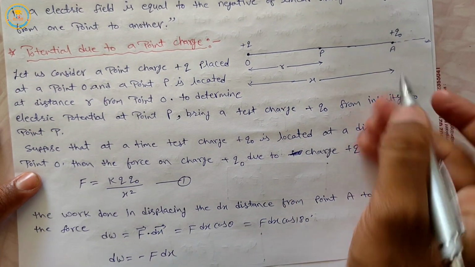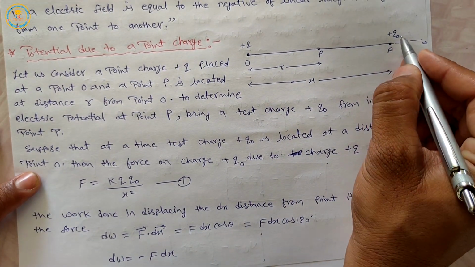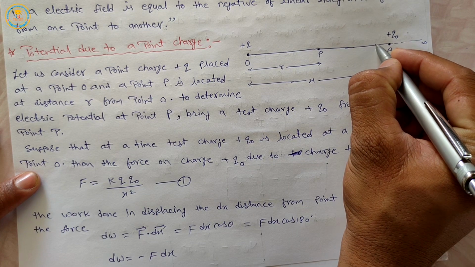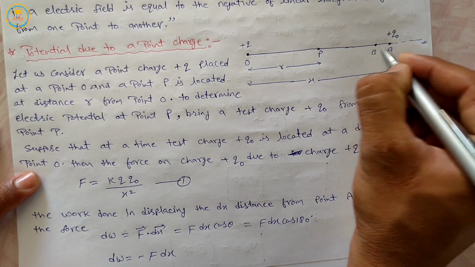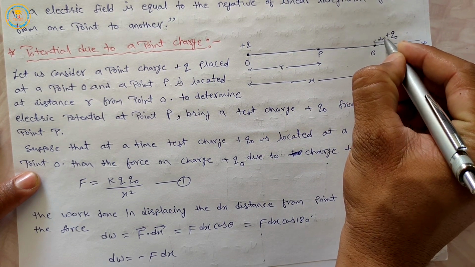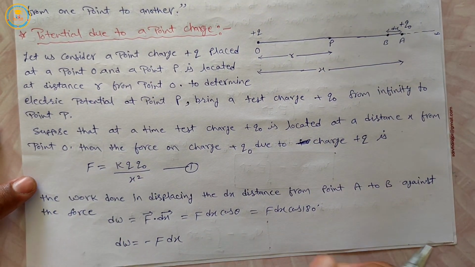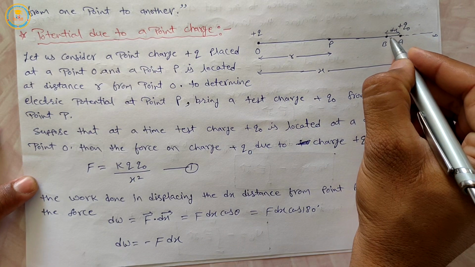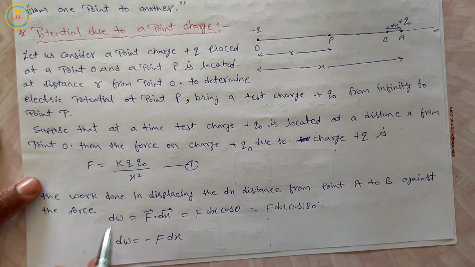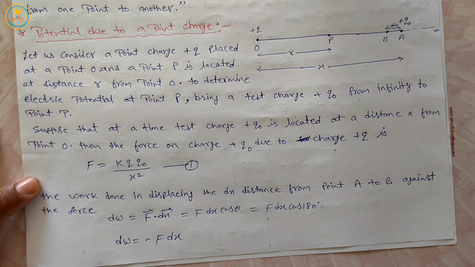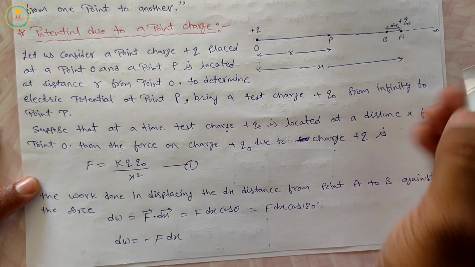Firstly, we displace this charge a small distance dx, so we determine the electric force for this small displacement. We know that work done is equal to force into displacement.